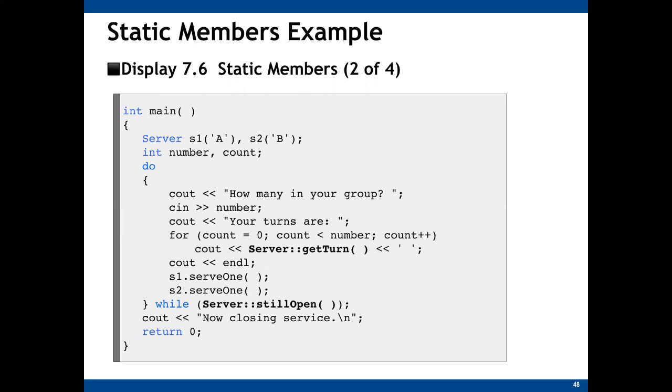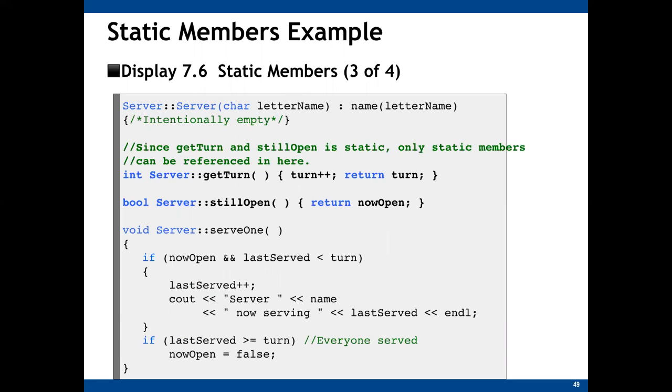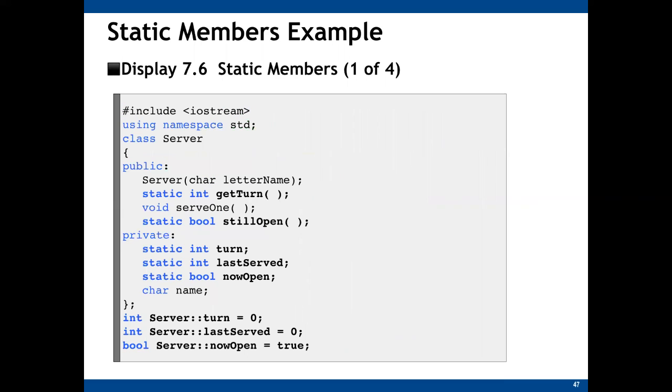And here you put the function definitions for the getTurn and stillOpen static member functions. getTurn and stillOpen are static member functions because we put the static keyword in the declaration.